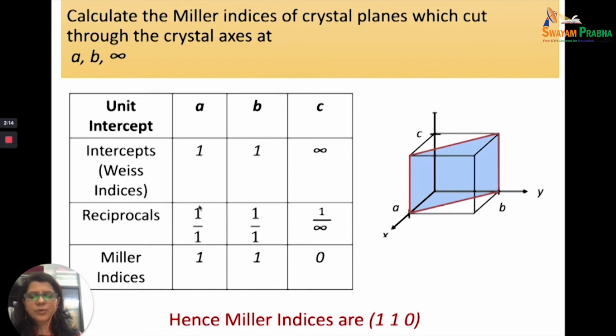You take a reciprocal, so 1 upon 1, 1 upon 1 and 1 upon infinity, and you get 1, 1, 0. So the Miller indices of a plane which cuts two axes and is parallel to one of the axes will be in the form of two ones and a 0. In this case, because it was parallel to the z-axis, the 0 has come at the z position.